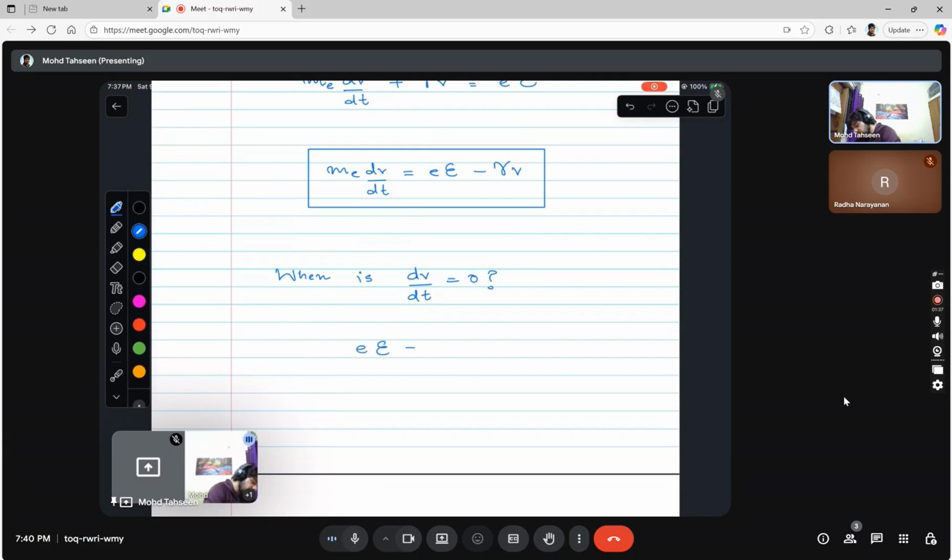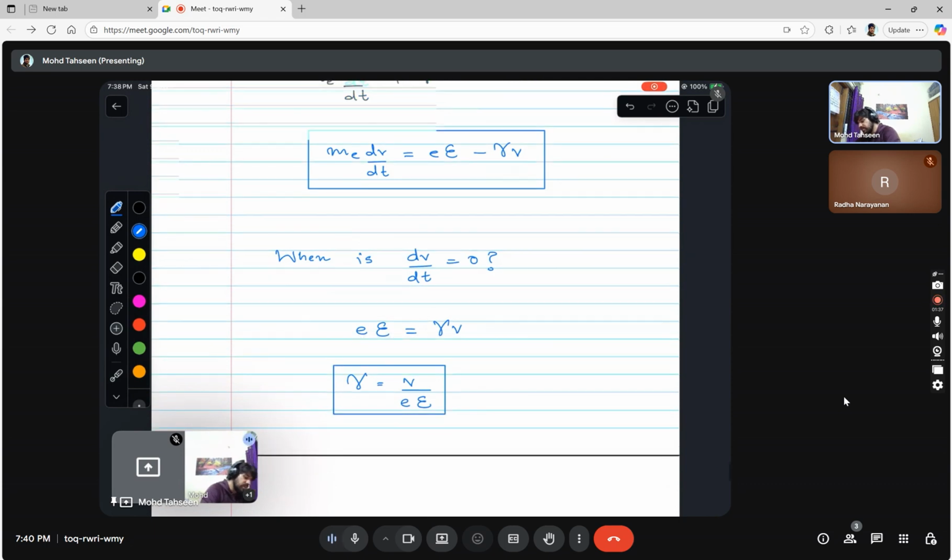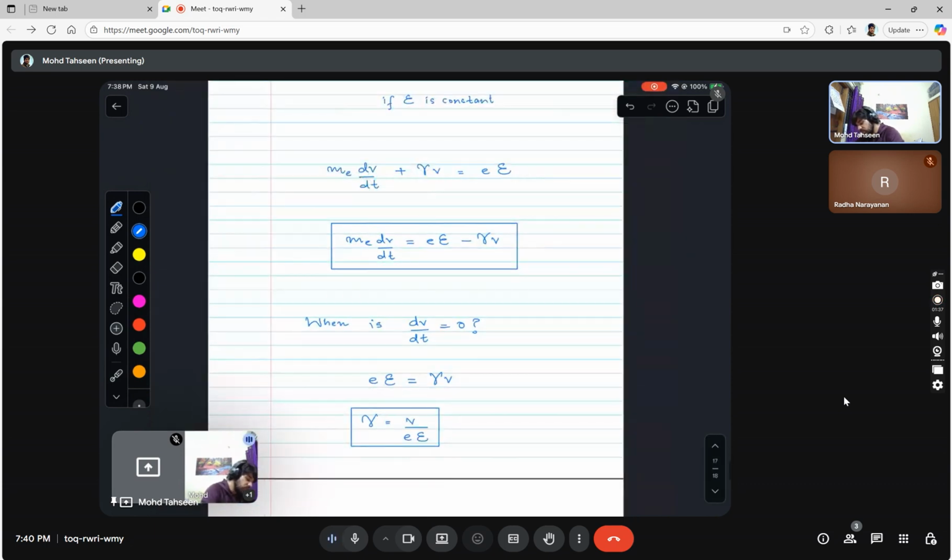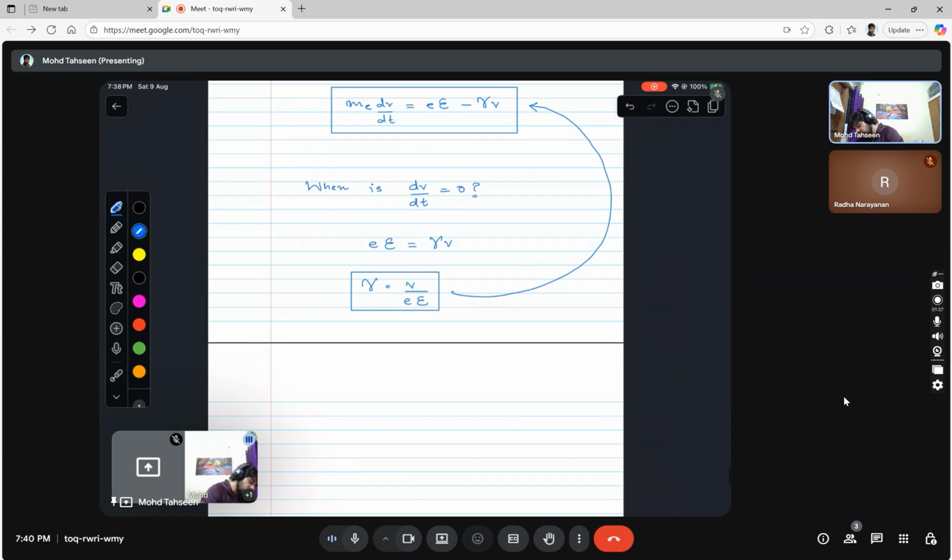So this quantity, eE, will be equal to gamma times v, or gamma would be equal to eE divided by v. This is the relation that we find. Now we want to put this value of gamma back into this differential equation, so what we will get is m dv by dt.